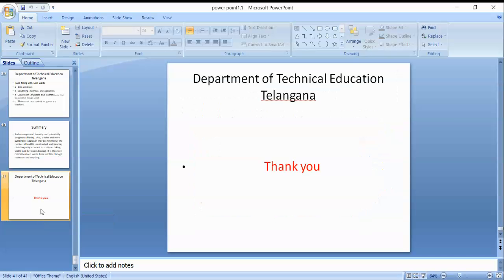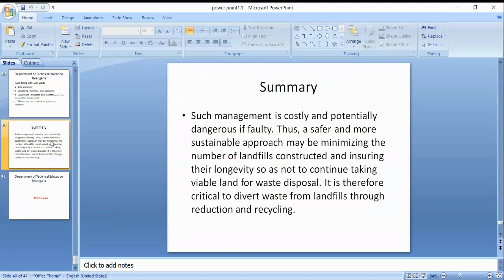So here is the summary. Such management is costly and potentially dangerous if faulty. If it is not correctly disposed of, it will pollute.